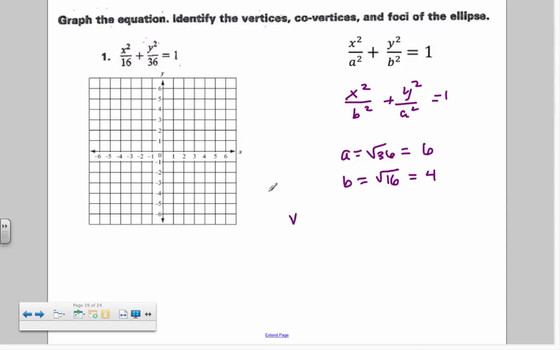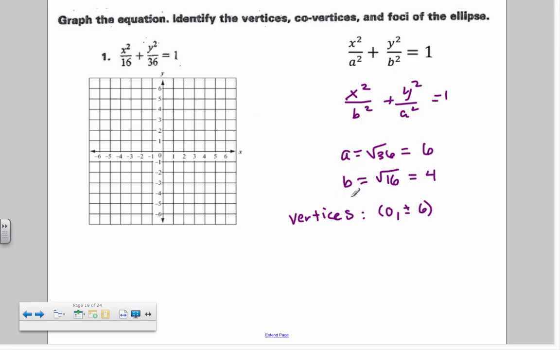Once I know what a and b are, I can write my vertices. My vertices are always with a. Since a is under y, the vertices are 0, comma, plus or minus 6. If the a were under the x, then this would be 6, comma 0.